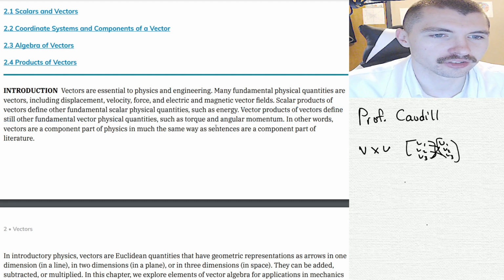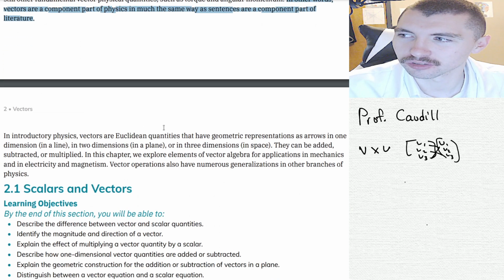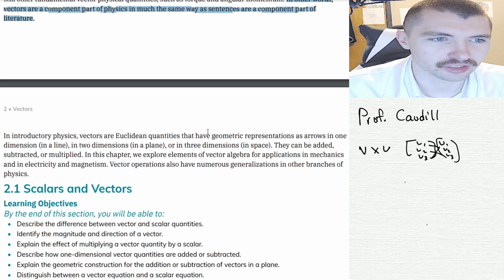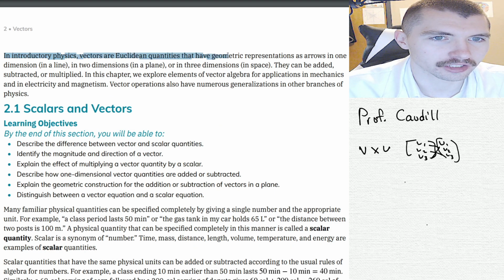Vectors are components of physics in much the same way sentences are a component of literature. If you don't know, the intro of this series of the whole school is kind of a linear algebra graphic, I would say. In introductory physics, vectors are Euclidean quantities, geometric representations as arrows in one dimension, two dimensions, or three-dimensional space.